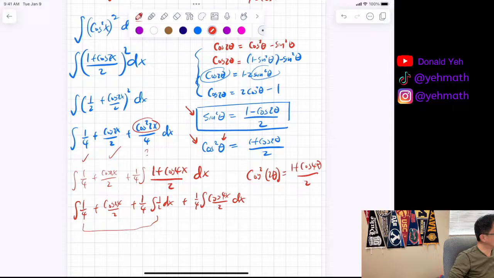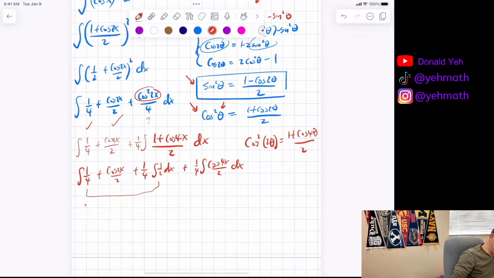No. 1/4 plus 1/8 is 3/8. There we go. Well, we can add. And integration, so that's going to be 3/8 of x. So that takes care of this too.